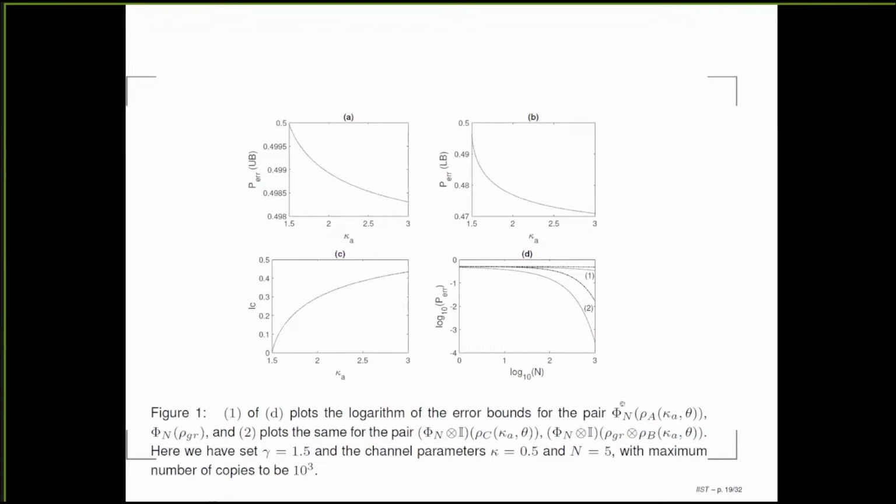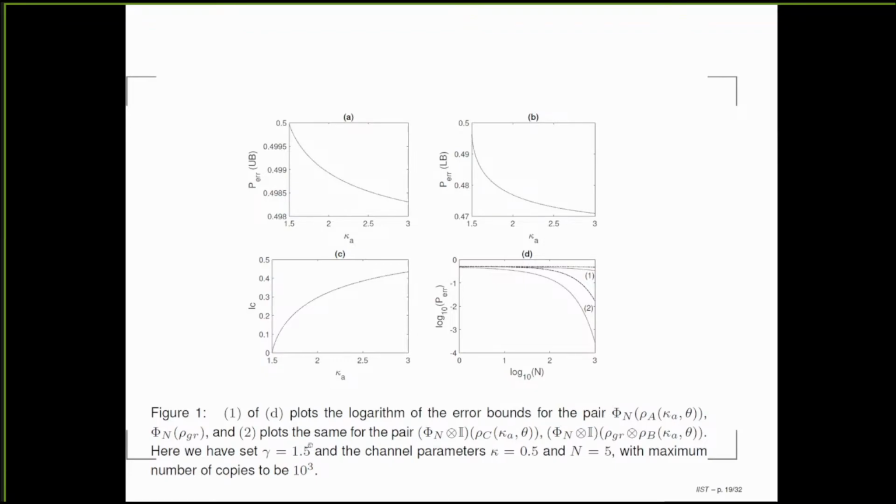Basically, what we do is, the first plot, for instance, shows the logarithm of the error bounds for the pair phi n of rho A and phi n of rho ground. The second plots the same for phi n acting on I, on this state versus this state.